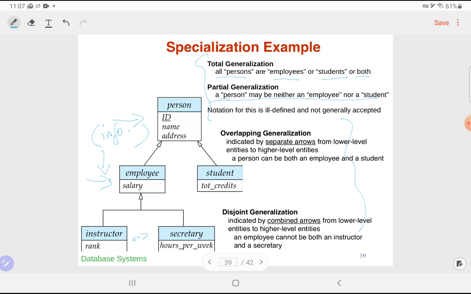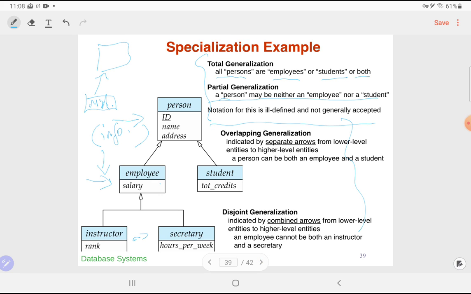In fact, if you think about it, a very good example of this is every person has names, and middle names are a partial generalization of names. Okay, that's with respect to attributes in particular. Not everybody has middle names.